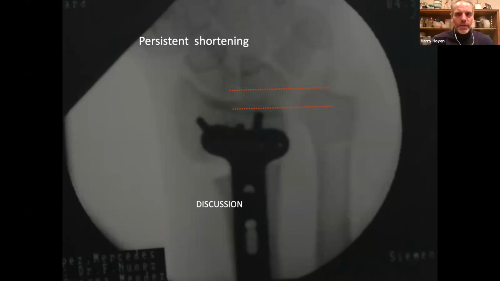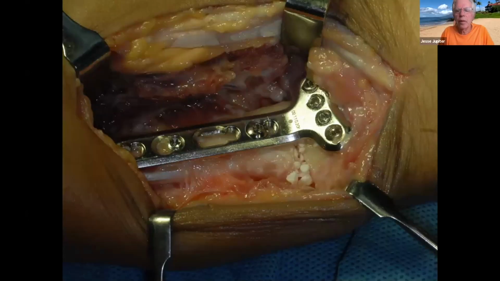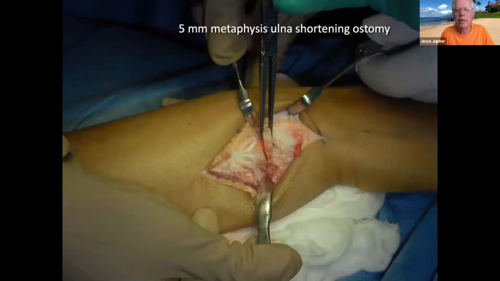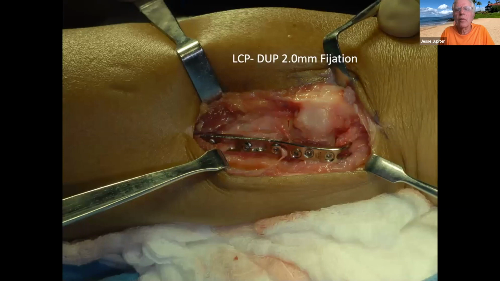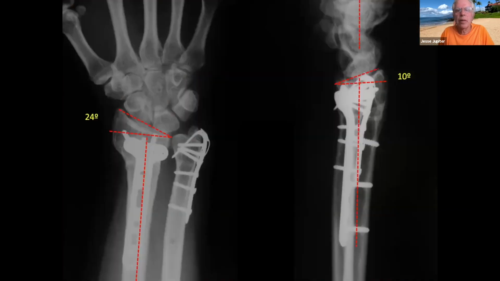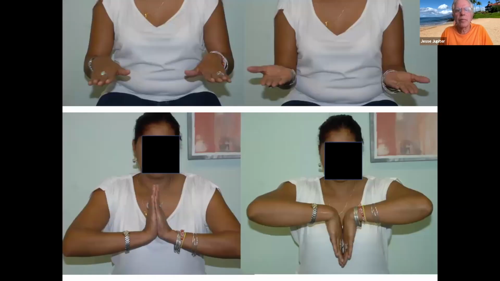It's when that lunate is translated over, so 50%. This had some bone substitute and an ulnar shortening done through the neck of the ulna and a little fixation plate applied, and her function was quite good.